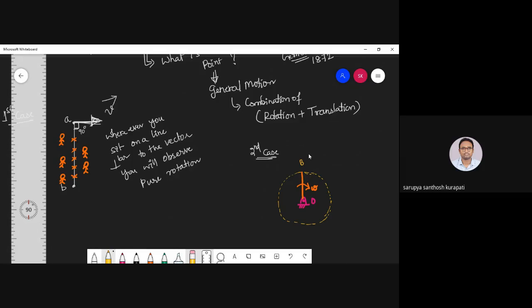And now, if you want to observe pure rotation, the velocity vector will always be perpendicular to this particular link. So at present here is my velocity vector V. When this particular link is moved to this point, here my velocity vector will again be perpendicular to the link OB dash. So they observed these two cases.